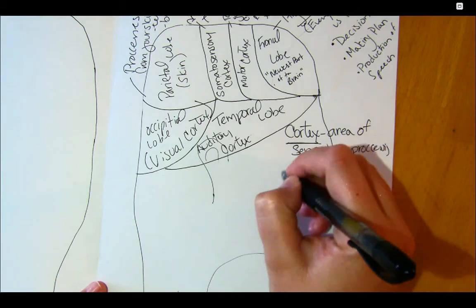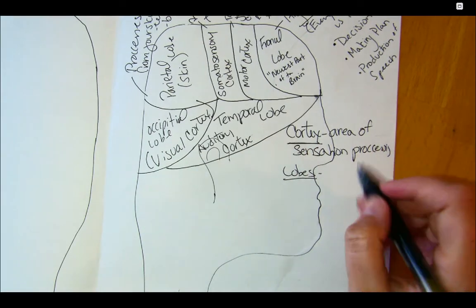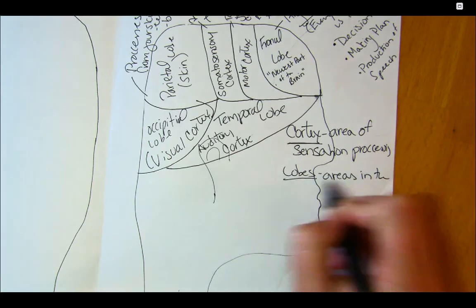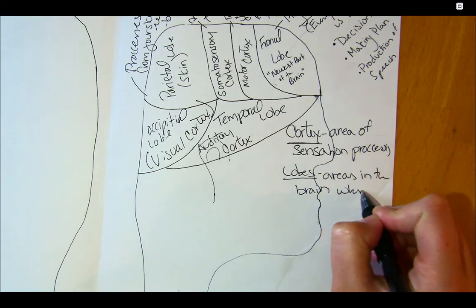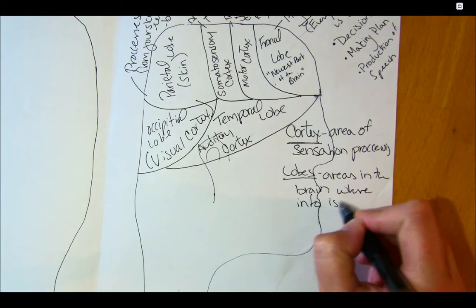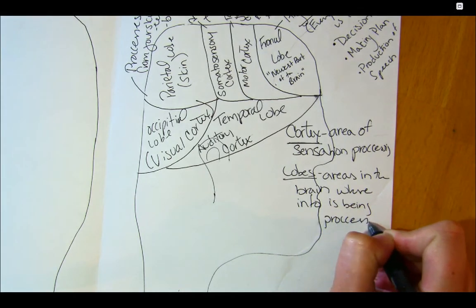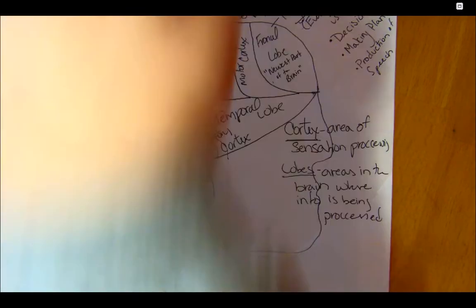Your lobes, which we're going to color coordinate here in a second, are areas in the brain where information is being processed. Everything happens in specific lobes.